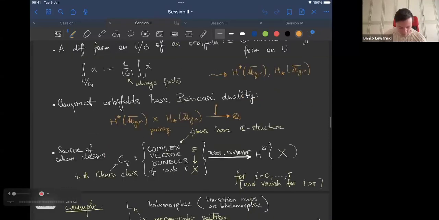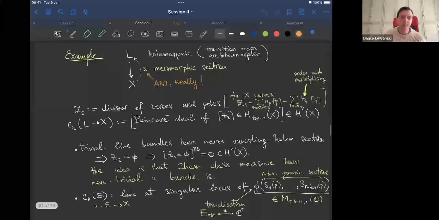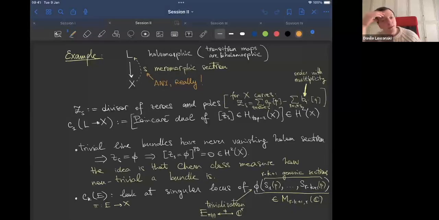Okay, so let me give an example. If you have some holomorphic line bundle, and you take some meromorphic section, you can take any meromorphic section, then you can define Z_S to be the divisor of zeros and poles of the section S. And so if X is a curve, for example, Z_S would just be the sum over all the zeros with their multiplicity minus the sum of all the poles with their multiplicity.